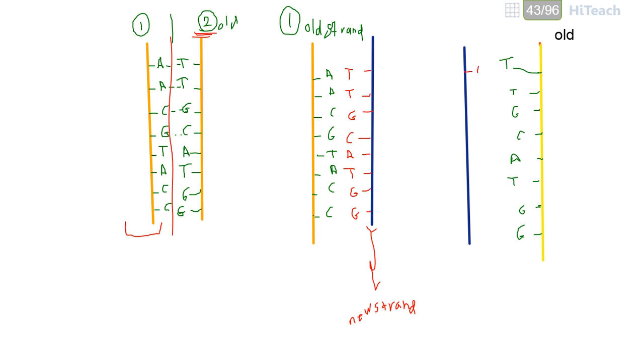This is 1, A. This one A, this one C, because we have G, and this one G, this one T, this one A, this one C, and this one is C. So, as you see here, this new strand is built.